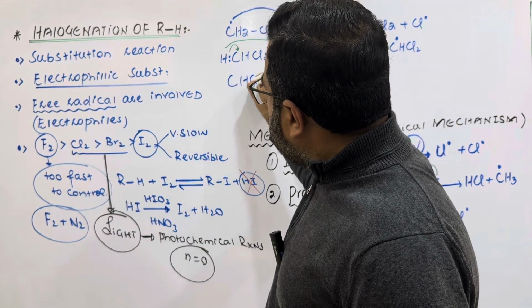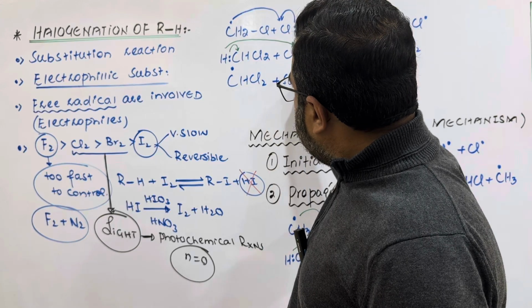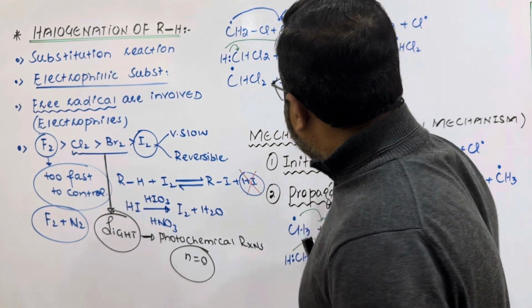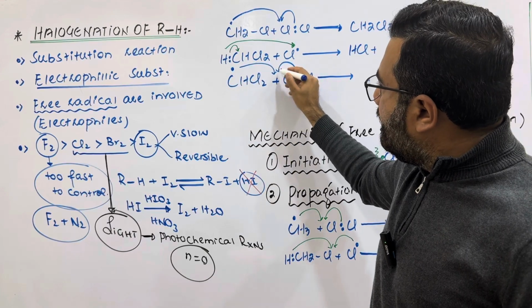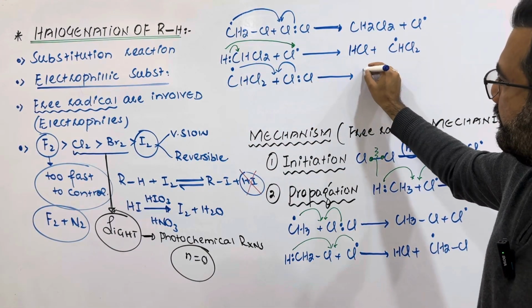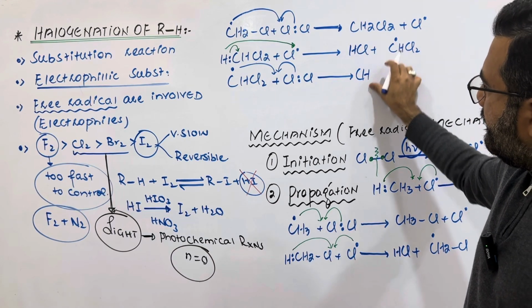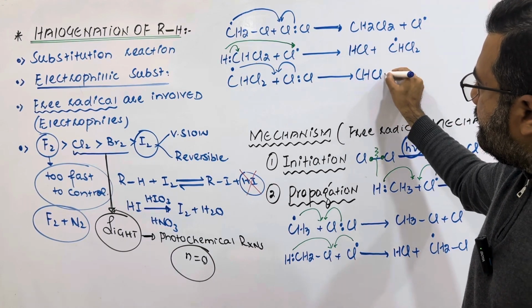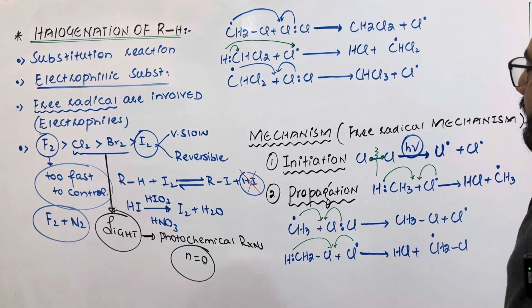This CHCl2 free radical will react with again a chlorine molecule. As I have said, this will keep on going until and unless all the hydrogens are replaced. You will get CHCl3 and again a chlorine free radical.